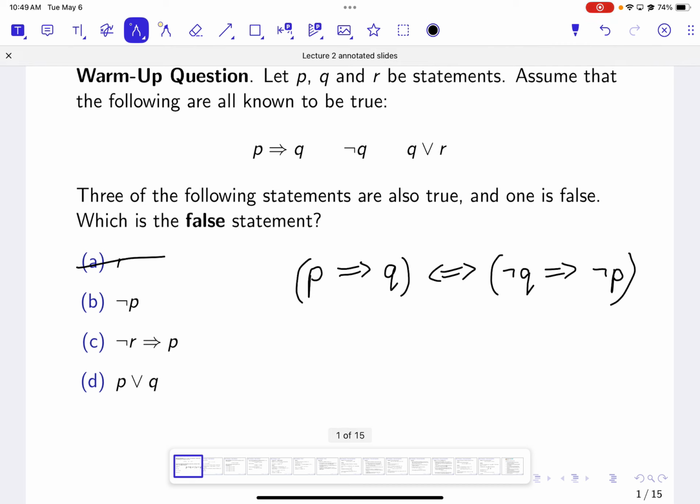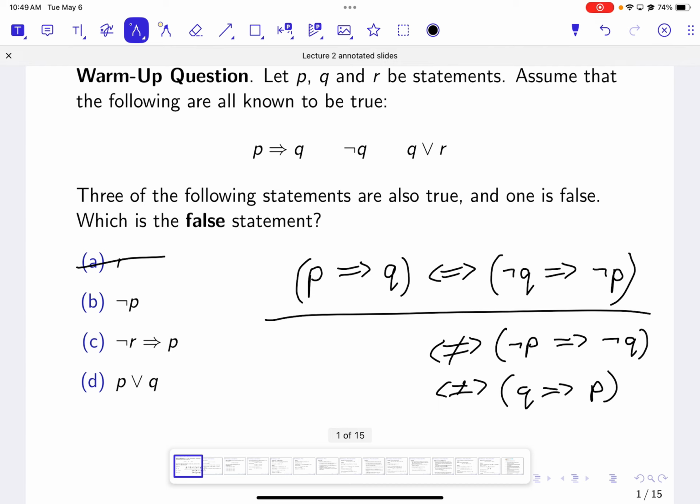It's not the case that you could reverse them in other ways. It's not logically equivalent to not P implying not Q, nor is it logically equivalent to Q implying P. These latter two can still work sometimes, but this first thing is the only thing that's true no matter what, in all cases.